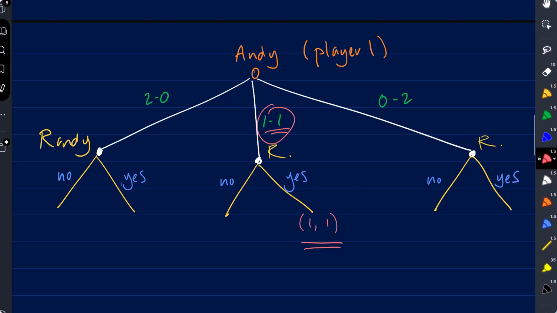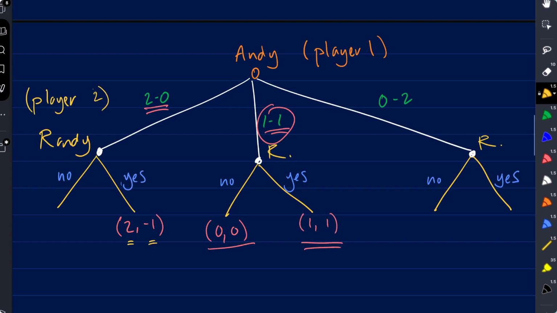And then if Randy says no, then we'll make the payoffs 0-0. Now if Andy proposes 2-0 and Randy says yes, let's say that the payoffs will be 2, -1. So Andy's payoff is 2, Randy's is -1. Randy is player 2, so just like always, his payoff is the second value in the set.